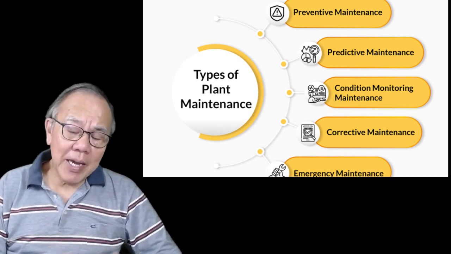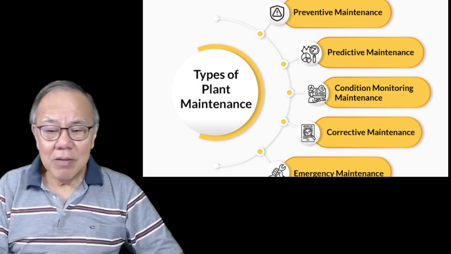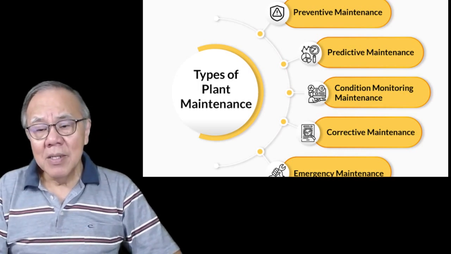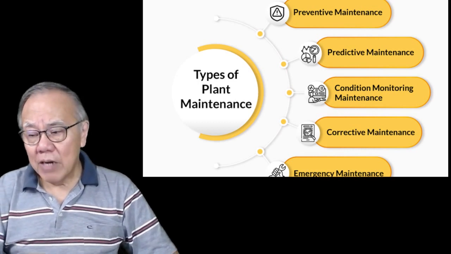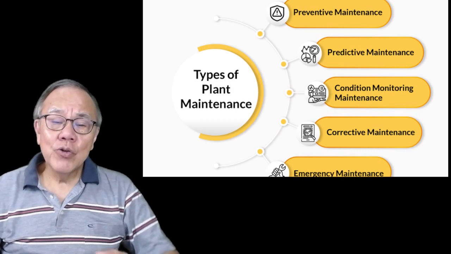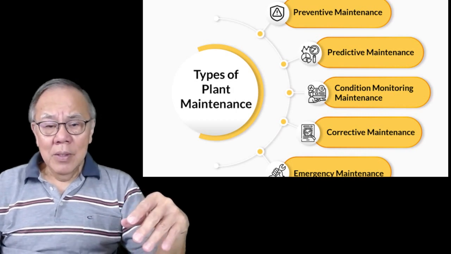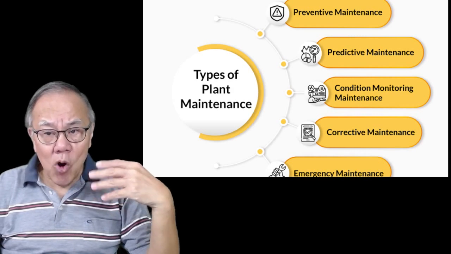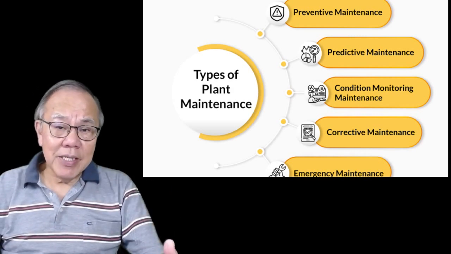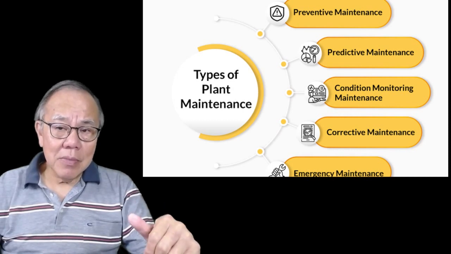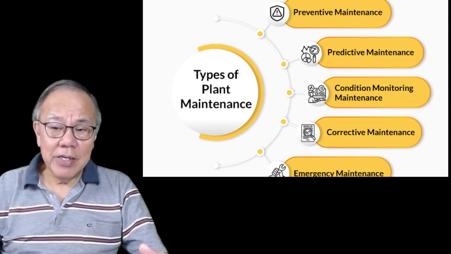Some of them are planned, some of them are corrective, in the sense that when people report, you fix it up. Emergency is like you do it now. So there are different strategies. You need to be able to do more planned maintenance and reduce the unplanned maintenance. That should be your strategy.